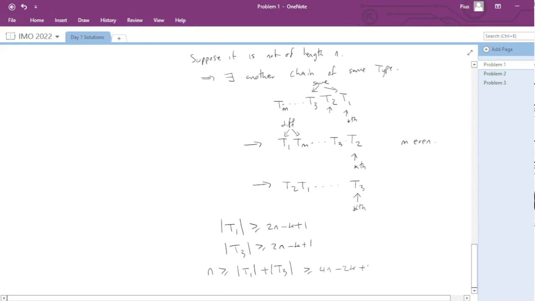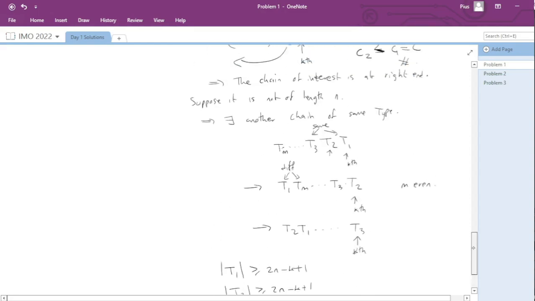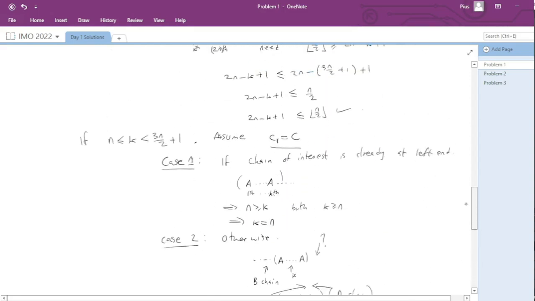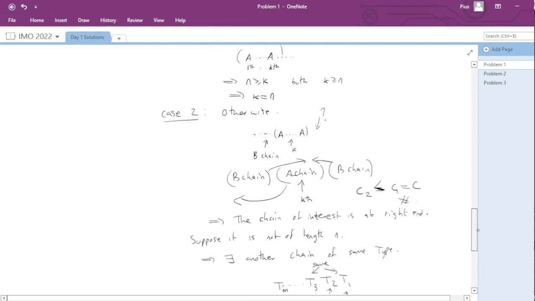Okay, so we just simplify this. We get that 2k is greater or equal to 3n plus 2, and so k will have to be greater or equal to 3n over 2 plus 1, and this will contradict the inequality we have for this case. So this is a contradiction, so it means that we have to have the opposite of this.